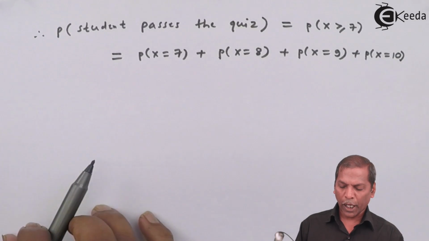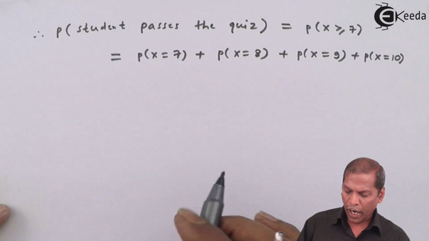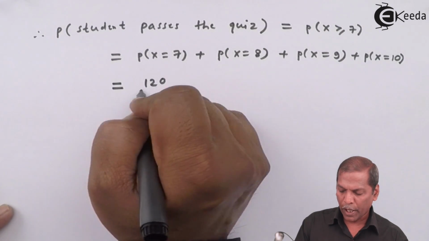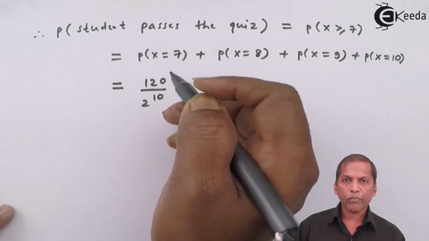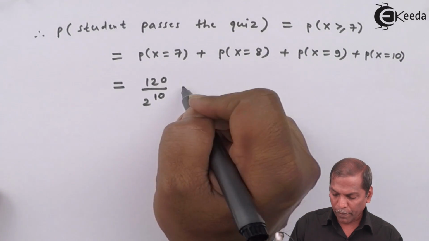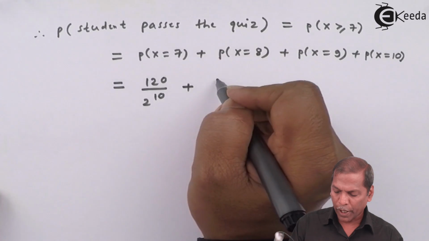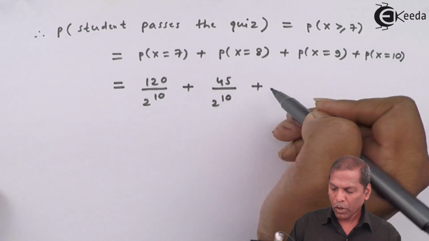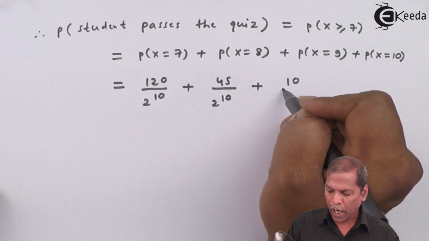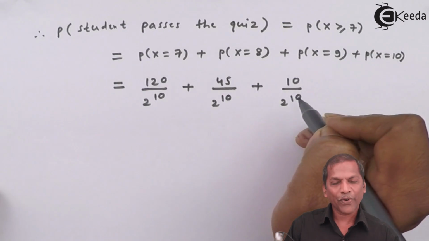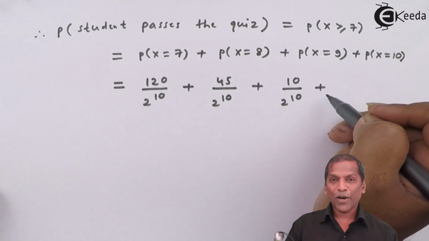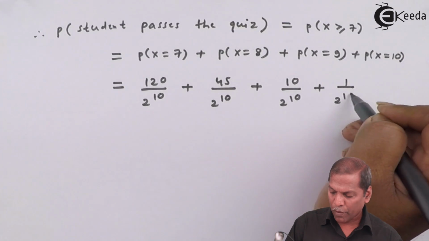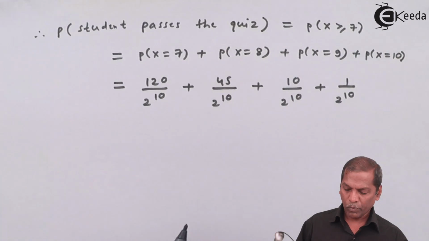So substituting the corresponding values, we have 120 upon 2 raised 10 for x equal to 7, plus for x equal to 8 we have 45 upon 2 raised 10, for x equal to 9 we have 10 upon 2 raised 10, and plus for x equal to 10 we have 1 upon 2 raised 10.